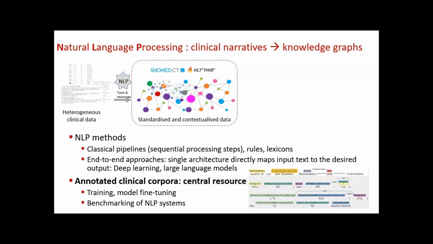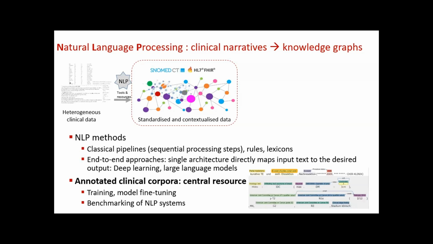And this is also what we just heard in the previous talk about deep learning approaches like BERT, like BioBERT, and so on. But the use of this does not come for free. And also we have heard about annotation efforts. And this is really a very important fact, that those end-to-end deep learning approaches are data hungry.